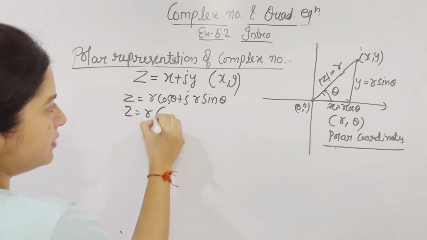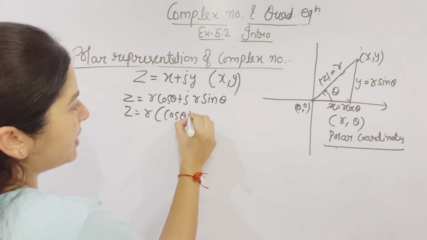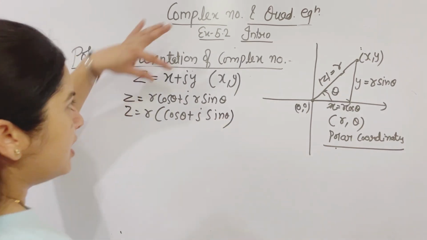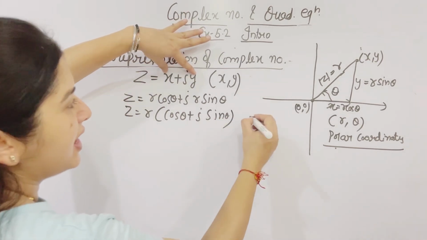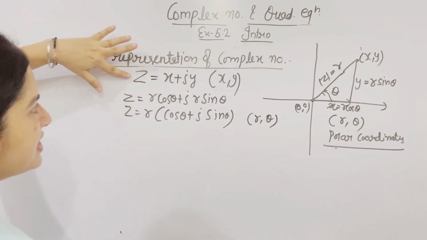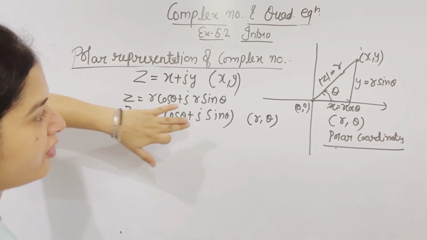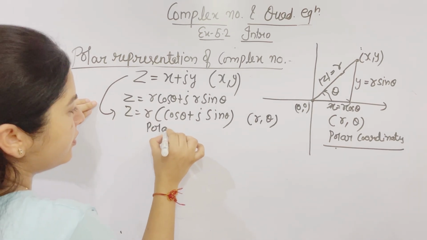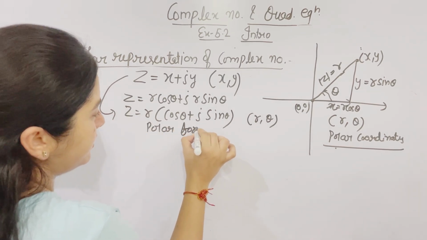Take r common, we'll have r times cos theta plus iota sin theta. x, y has been changed into r, theta. The complex number has been changed into the form of r and theta. So this is the polar form of the given complex number.